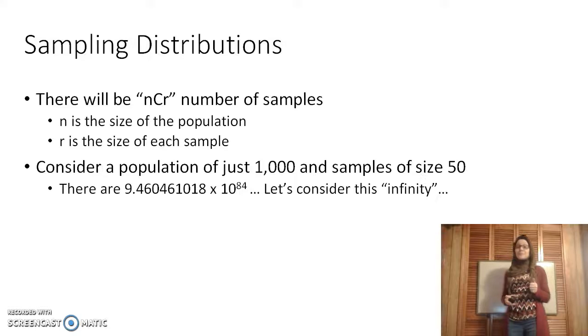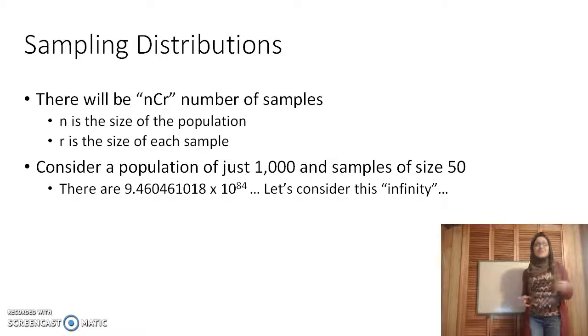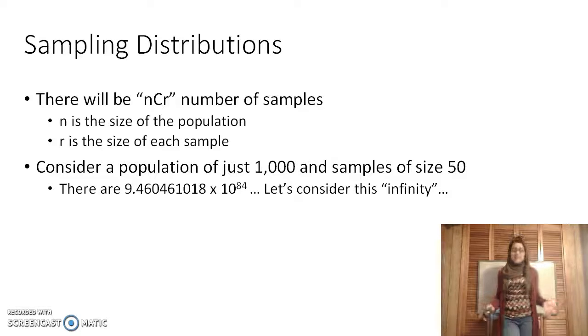So for example, consider a population of just size 1,000. That's not even the size of our university. That's a pretty small population. But just to demonstrate the magnitude of these numbers, let's say that we go out and get all possible groups of 50. So that would be 1,000 choose 50. If you put that into your calculator, some versions might give you an error. It might be too much, it can't handle the computations.